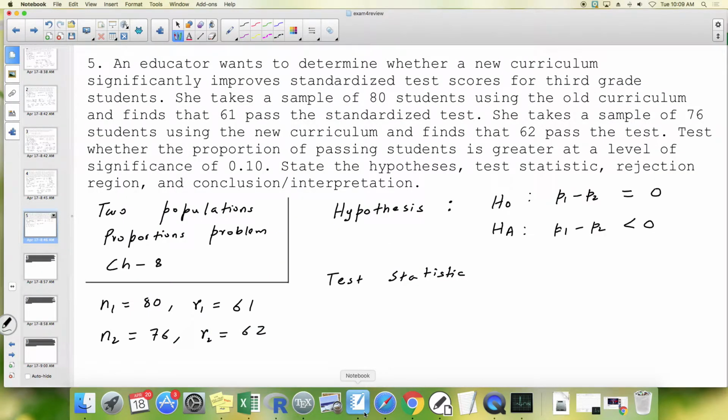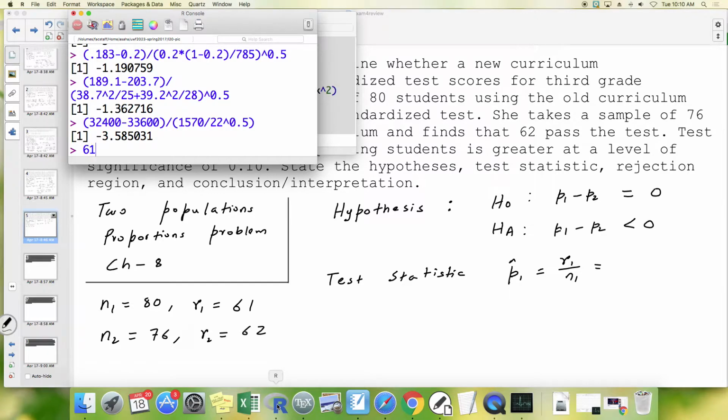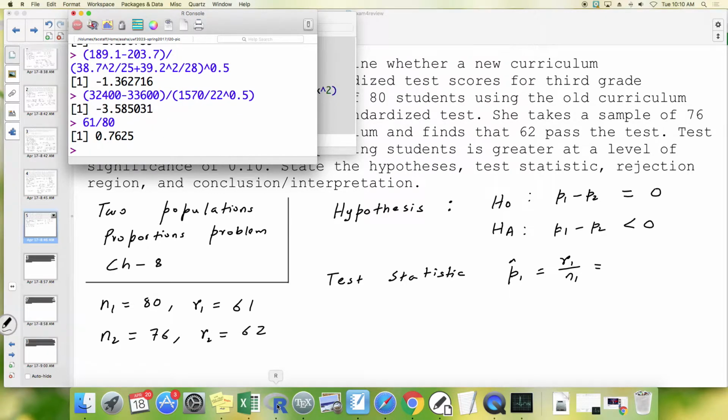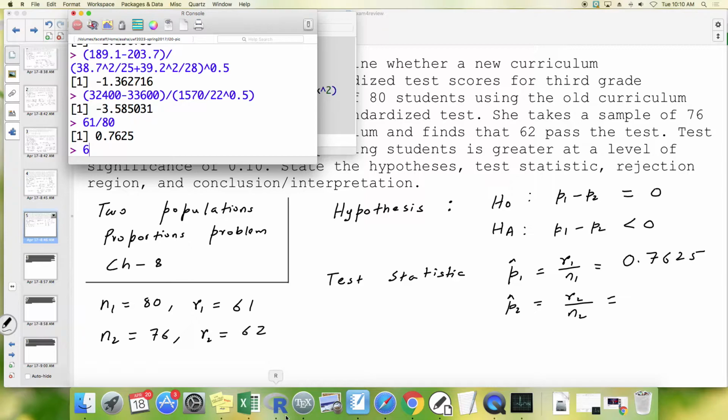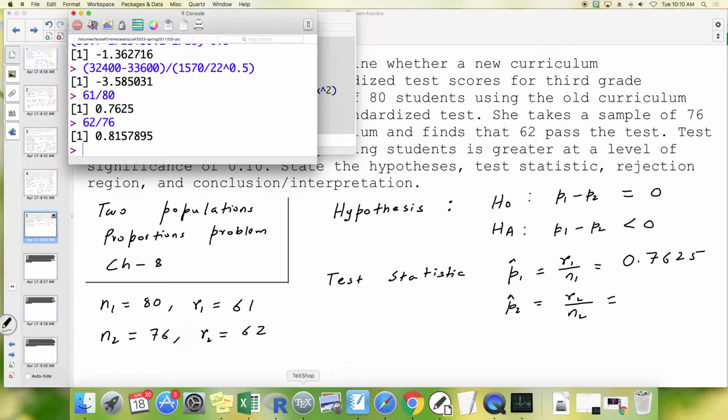P1 hat is R1 by N1, which means 61 by 80, 0.7625. P2 hat shall be R2 by N2, 62 by 76, so 0.8158.